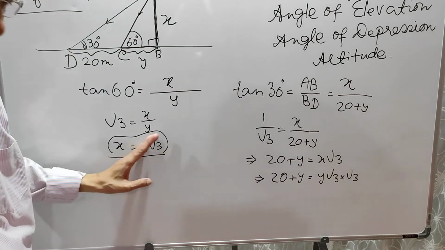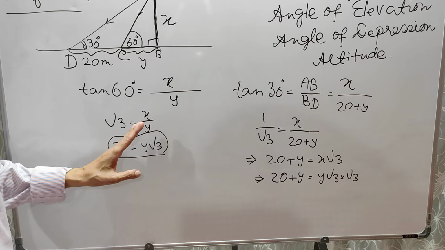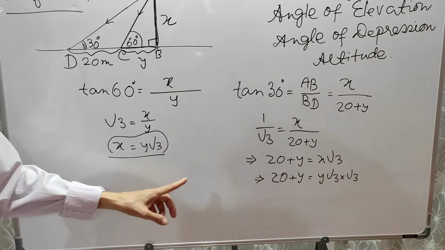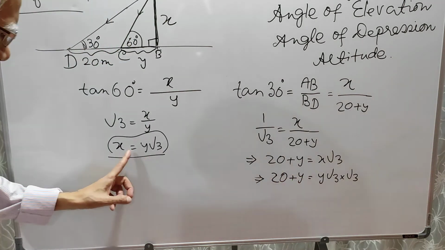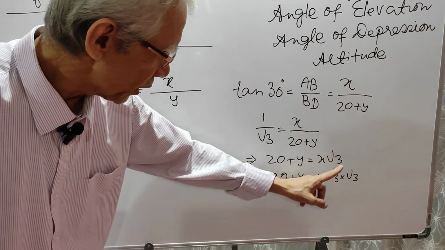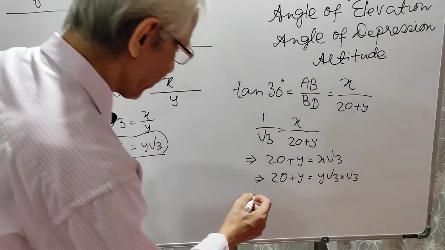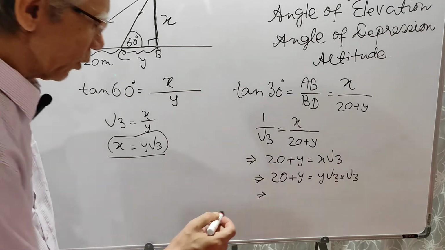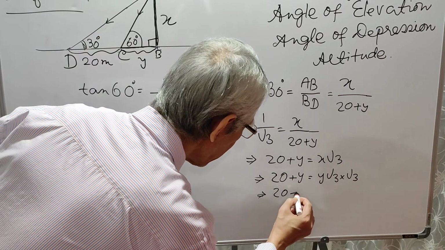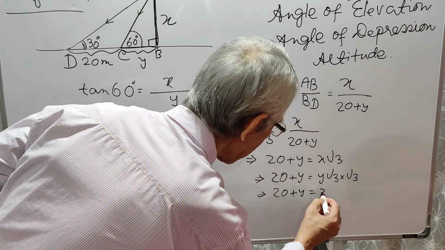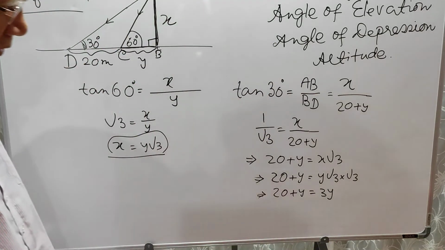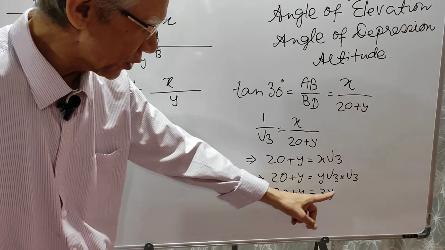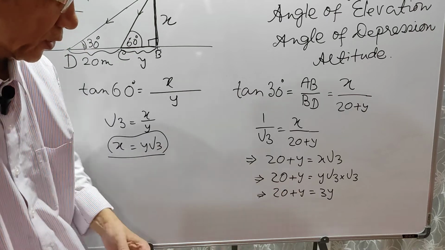So now you see, this is a problem of solving an equation only. So I prefer to do it this way. In place of x, you put the value y root 3. So y root 3 into root 3. Now if you go on, what do you get? 20 plus y equal to 3y. Root 3 into root 3 is 3.